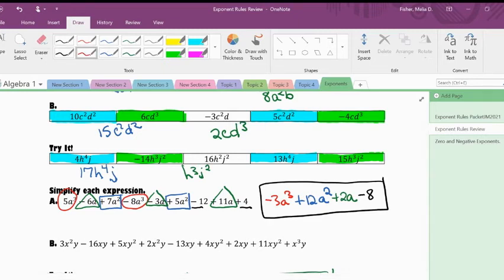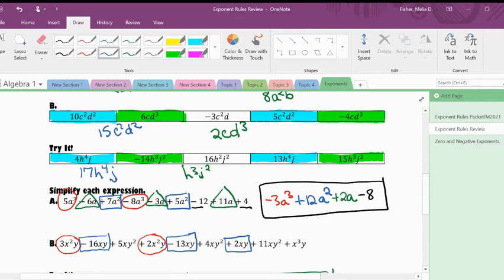Let's combine like terms on part B. This one is x squared and y. So let's look for all of the x squared y to the first power. And that's all of those. This one has an xy. This one has an xy.